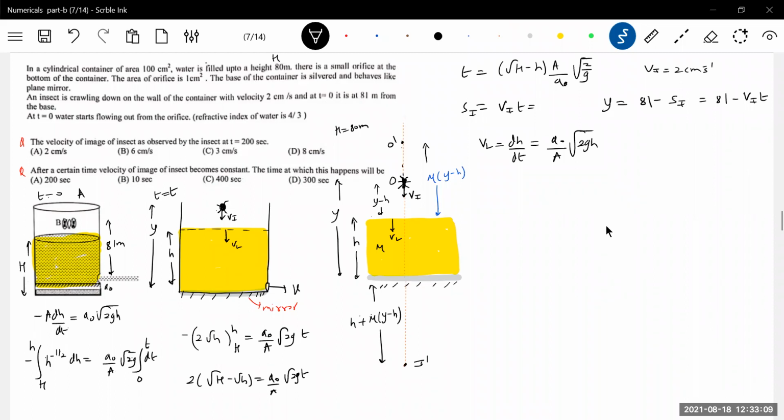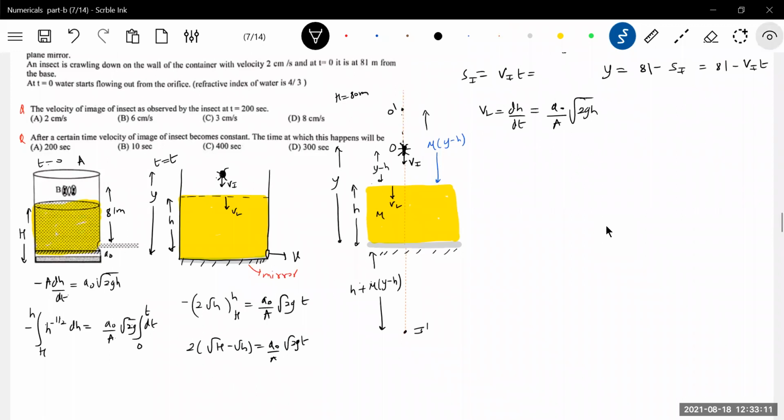Okay, now again this I dash, again it will undergo refraction. So there's everything from here, everything will appear inside the water. So the final image should appear here, I. So that height, how to calculate this one? This is what? HF I'll call it. What is HF?